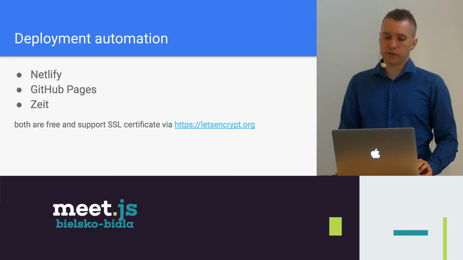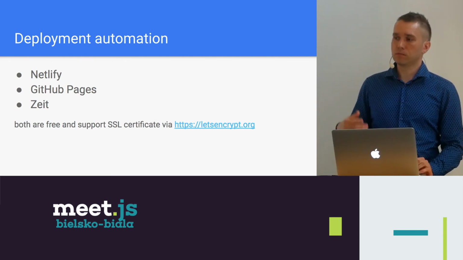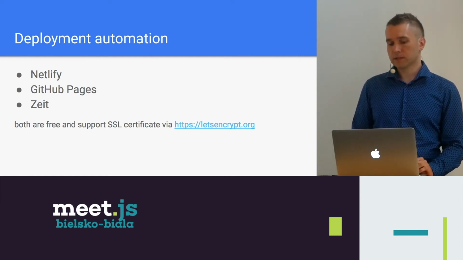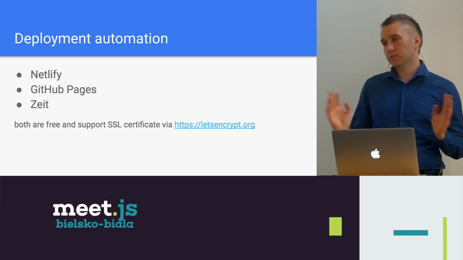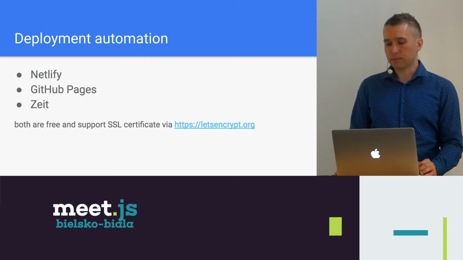Basically, you just hook a repository into it, and every time you make a change, it will run a certain script to build it, and the static website will be updated on their servers. On top of that, it will be distributed around the world. They have SSL certificate support. Actually, all of those solutions here have it. And also some other goodies that I will maybe talk about later with the APIs.